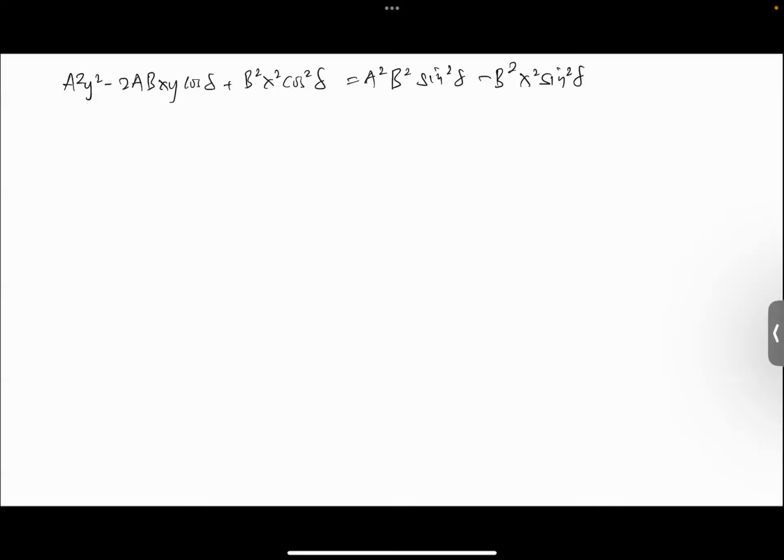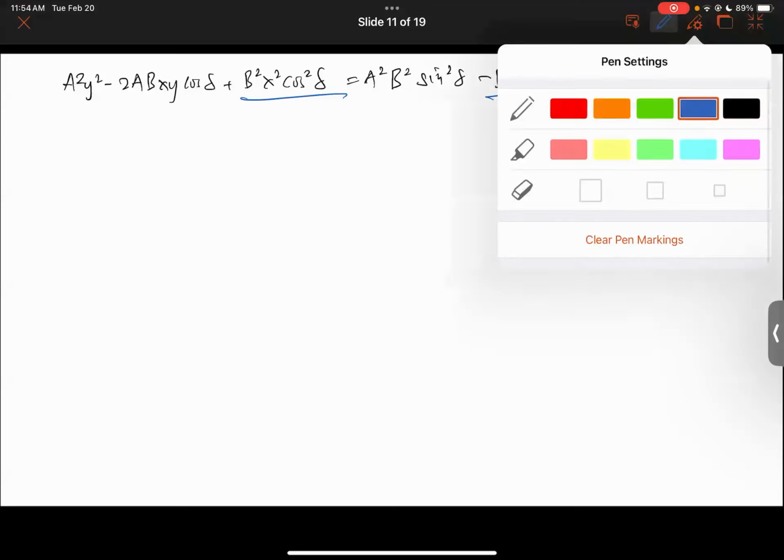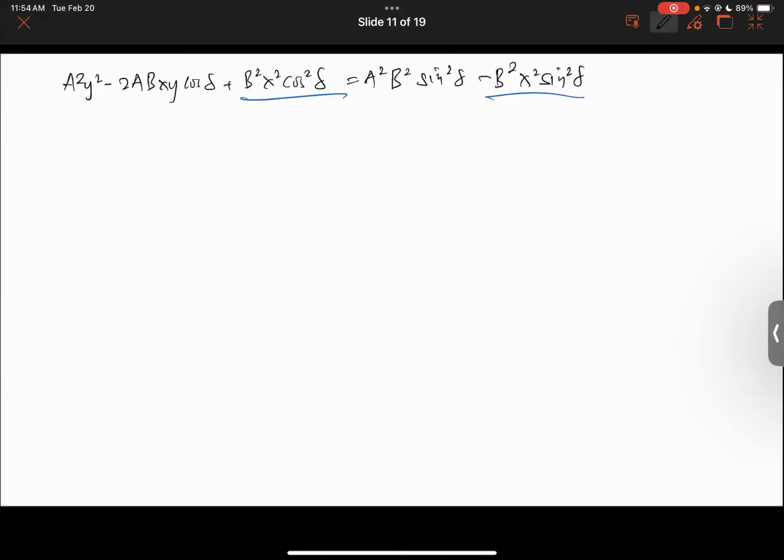We can simplify this further. Notice that these can be simplified, so they just reduce to a squared b squared. So we get b squared x squared, so we get a squared y squared plus b squared x squared.